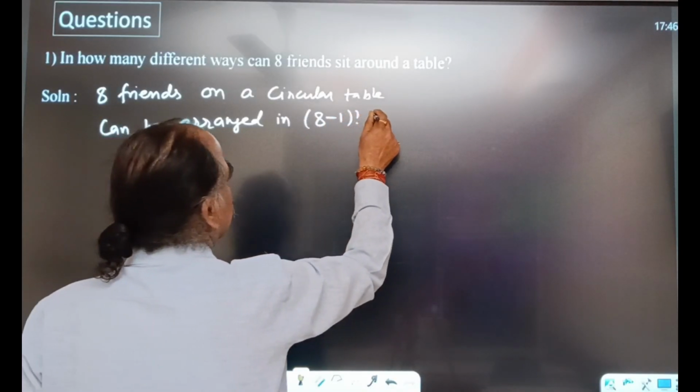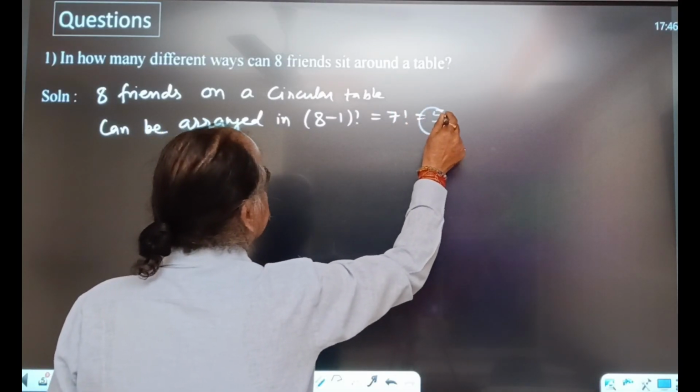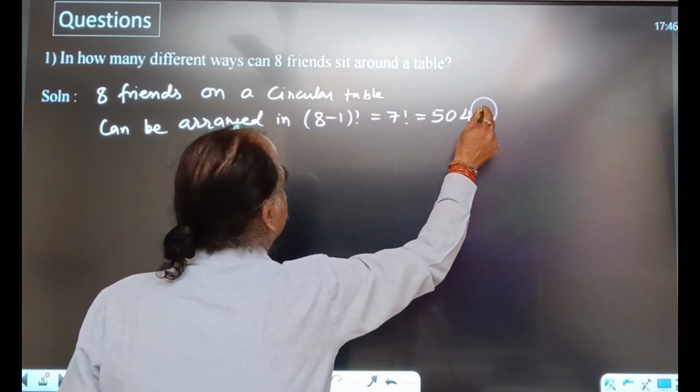This is the first part. Then they are asking how many of these ways had 2 specified persons on either side of the host.